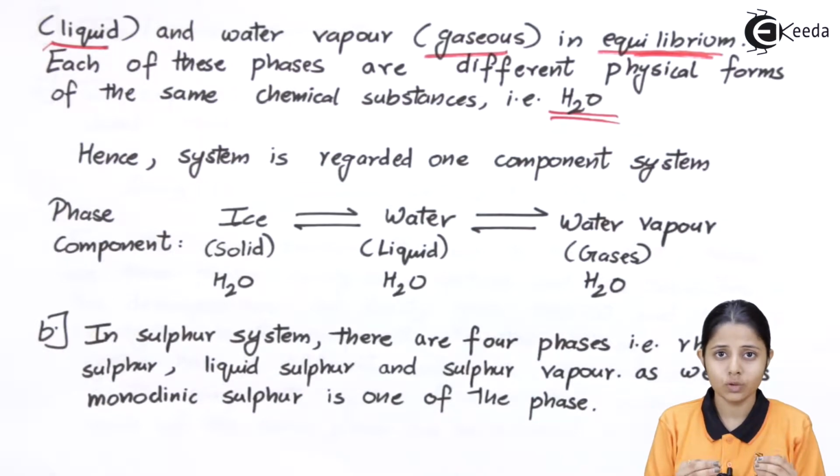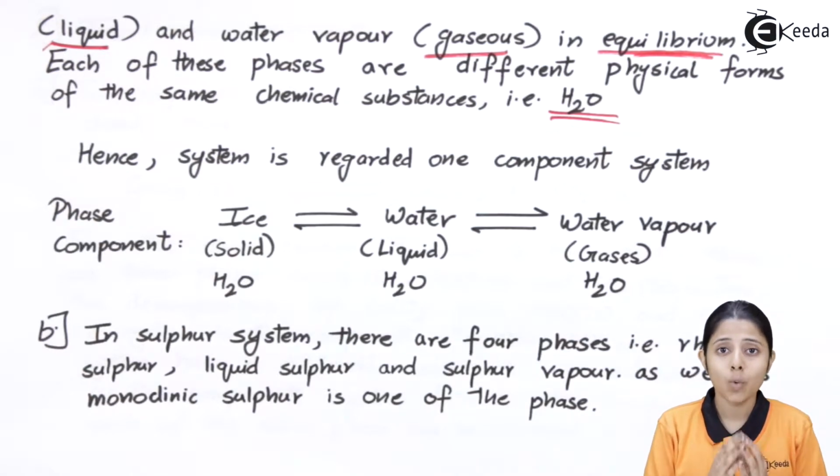H2O are the molecules which you will find in the solid ice. H2O are the molecules which you will find in the liquid water, and H2O are the molecules which you will find in the gaseous form of water vapor. That means irrespective of its phases, irrespective of its different forms, the only molecules that we find are H2O. That means the only particles, the constituents are the same.